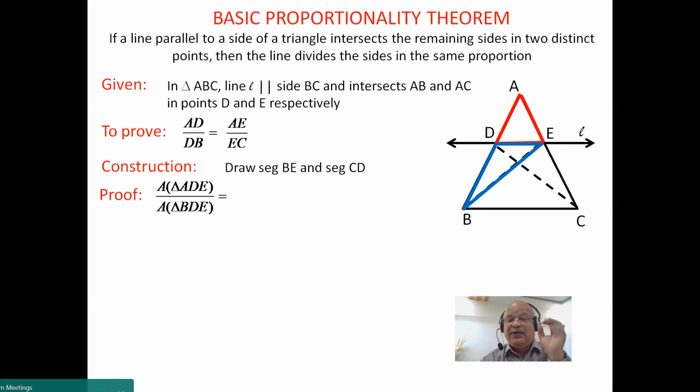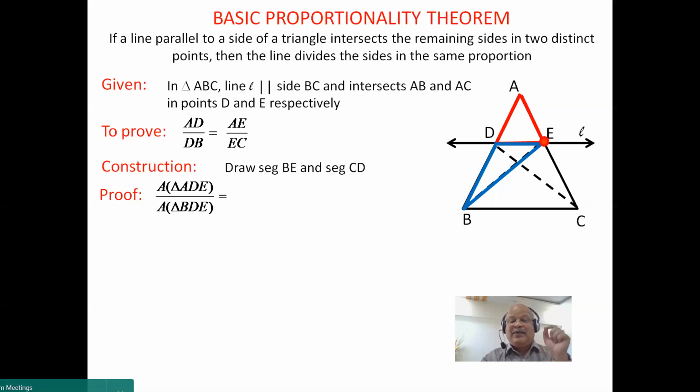Now children, if you look at both these triangles carefully, you come to know that both these triangles, the one in red and blue, have a common vertex, that is E. And with respect to that common vertex E, we see that the base of the red triangle, that is AD, and the base of the blue triangle, that is DB, lie on the same line.